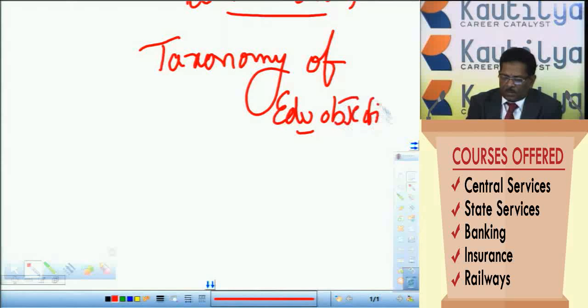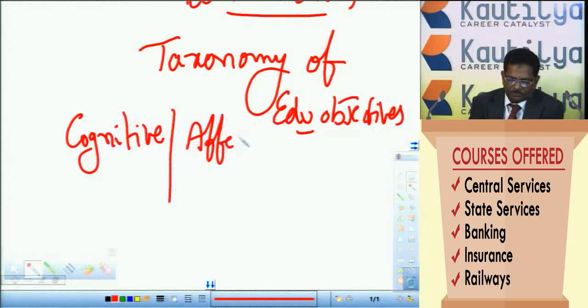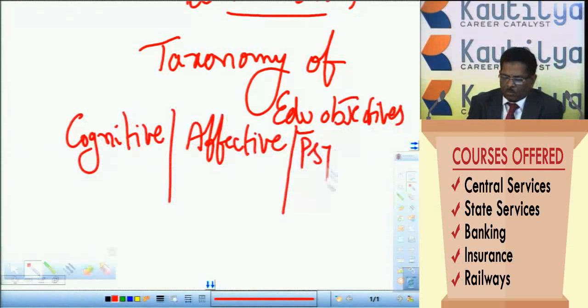There are particularly three domains. The names of the three domains are: one is cognitive domain, second one is affective domain, and third one is psychomotor domain.